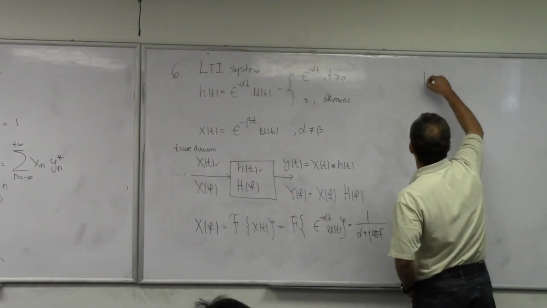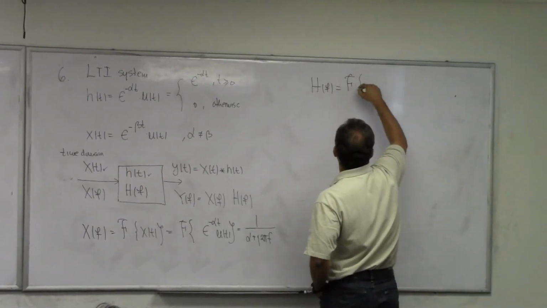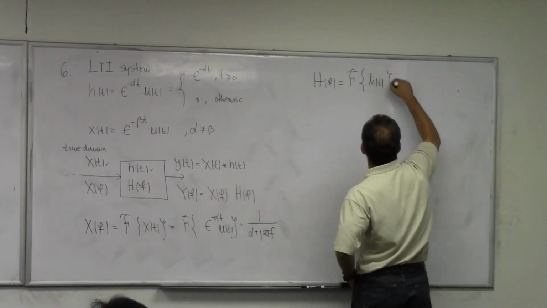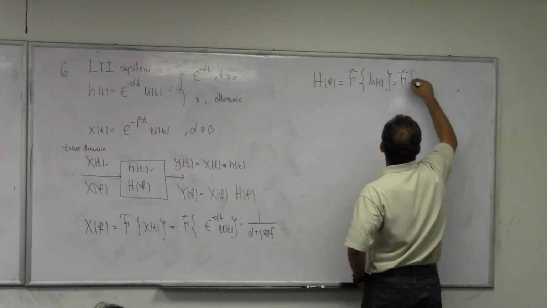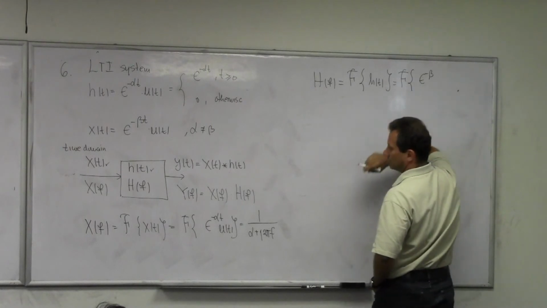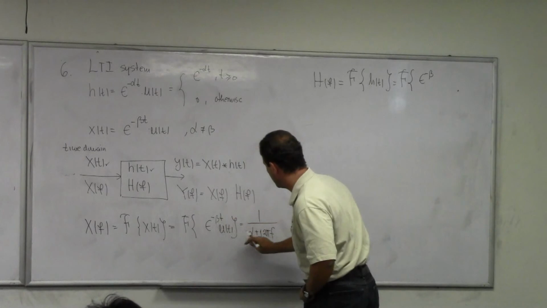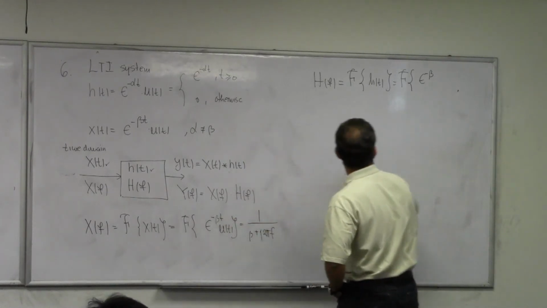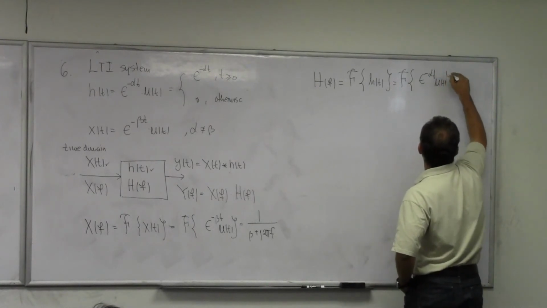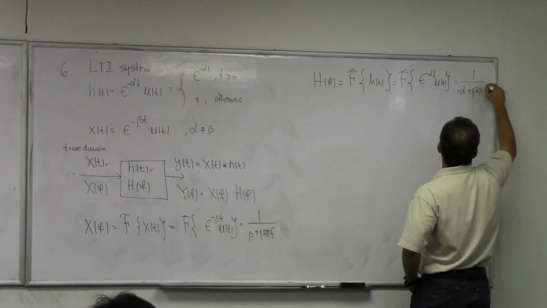Now, h of f is the Fourier transform of h of t. Or what did I say? Oh, I did them the other way around. So this is beta, and here it's alpha t, u of t, and we know that this is 1 over alpha plus j 2 pi f.